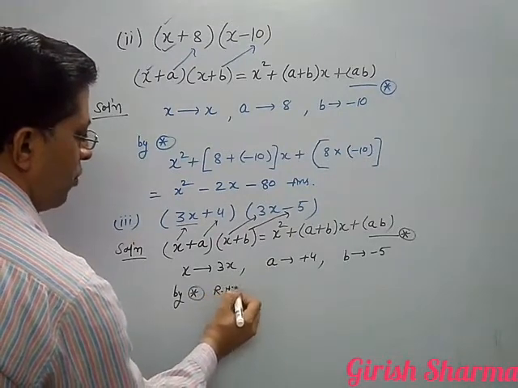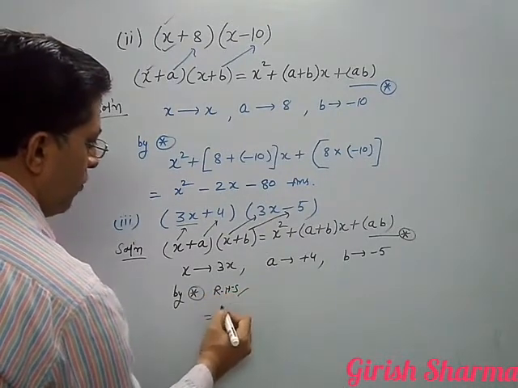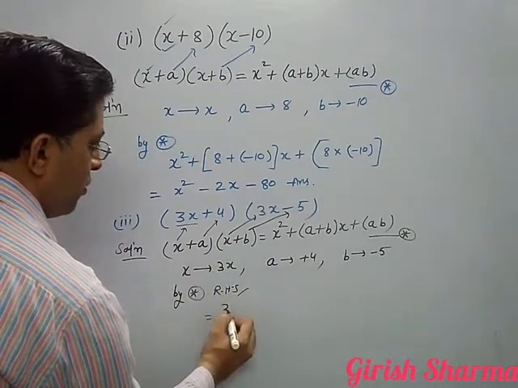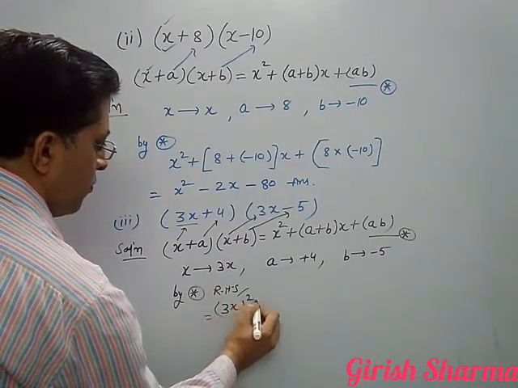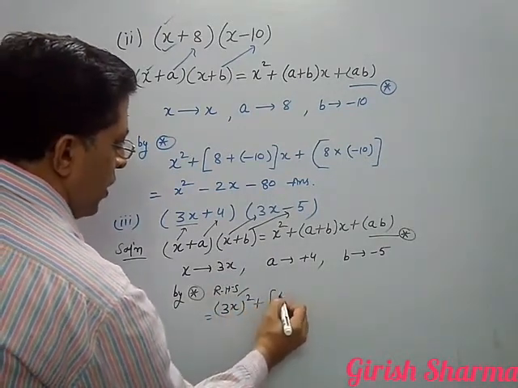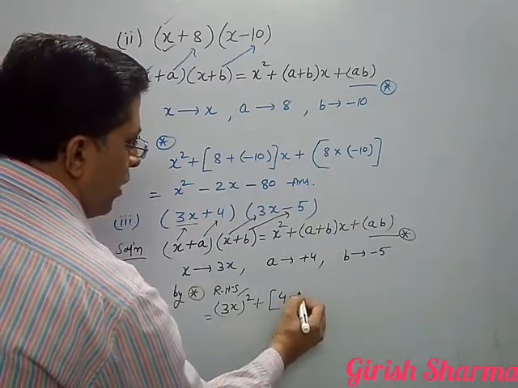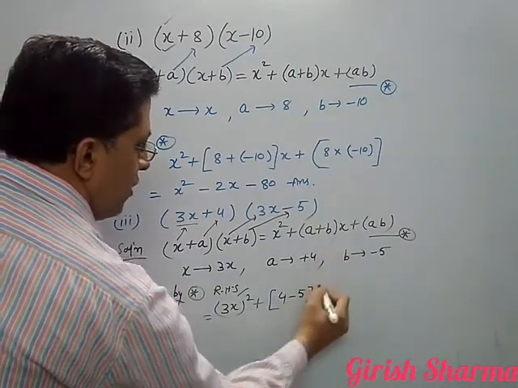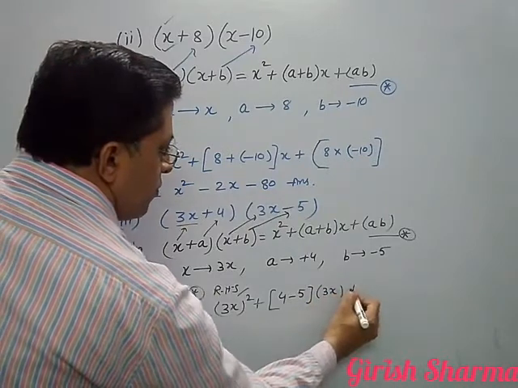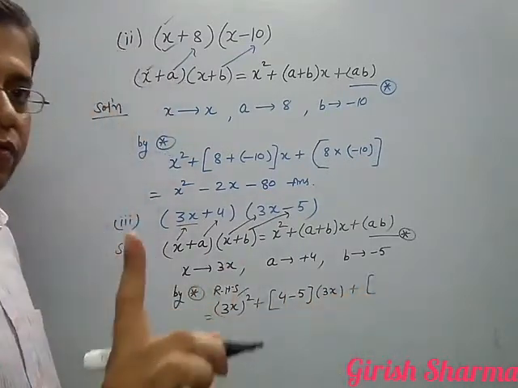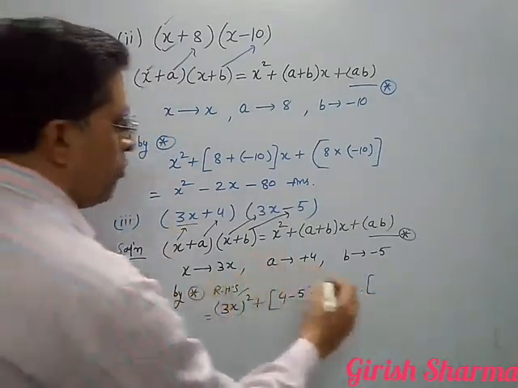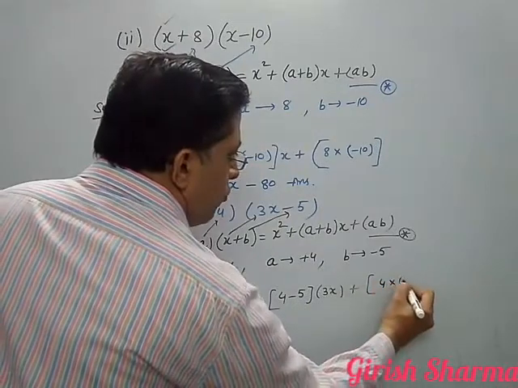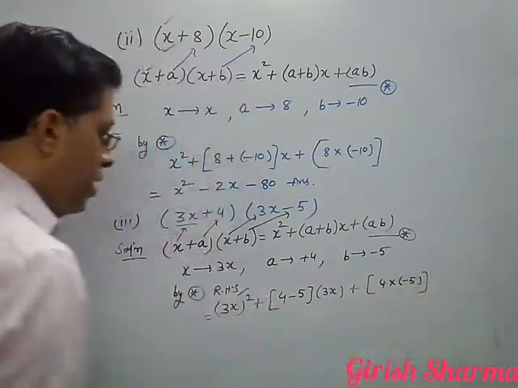In RHS I am putting values. So what will be the value? In place of x I am putting 3x. a plus b, a is 4 and b is your minus 5. And what is x here? 3x. Clear it is? Very clear, no? All the values you have to put only. 4 into minus 5 because these are ab.